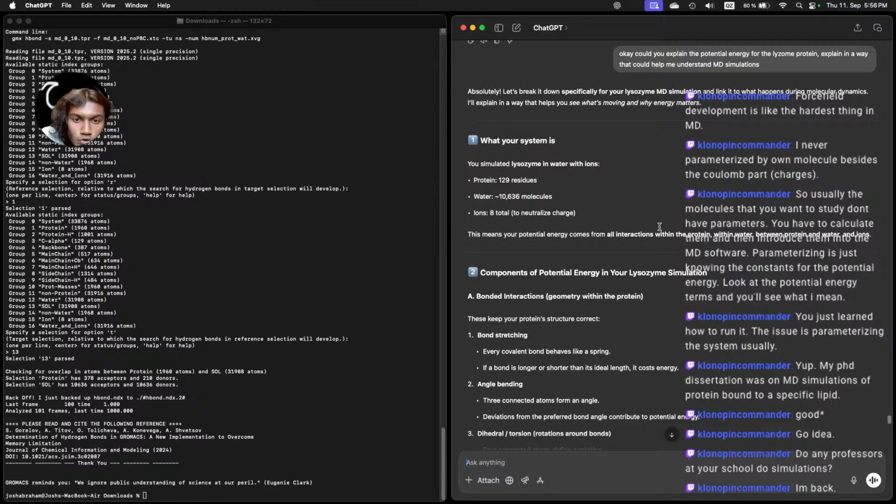Force field development. Your system is simulated, lysozyme and water. This means your potential energy comes from all interactions within the protein, within water, and between protein, water, and ions.